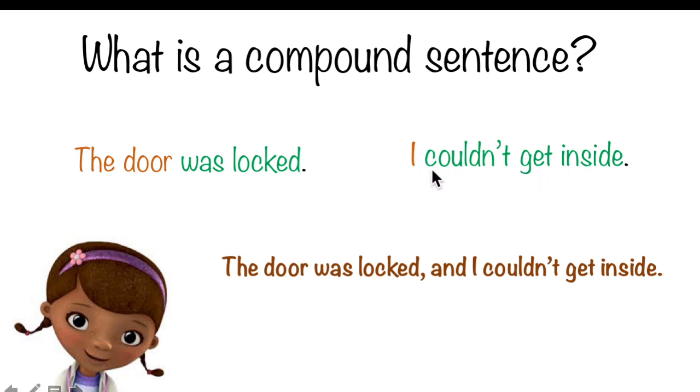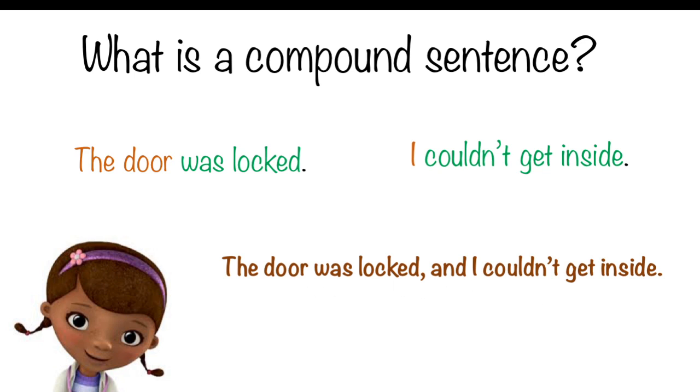One subject, one predicate. Put them together and you will have a new sentence. What do we call the new sentence? A compound sentence. When you join two simple sentences into one, you will have a compound sentence. Let's read it. The door was locked, comma, and I couldn't get inside. What do we call this sentence?